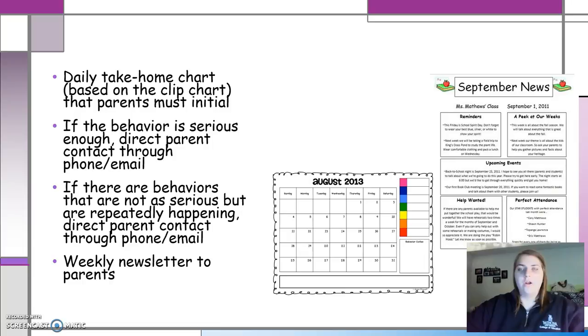So they're aware of things that are going on, if we're having a special day or a special snack or things that we're learning, so they know what their kids might be bringing home for homework that day. I think all those things are really important for parents to know and be a part of.